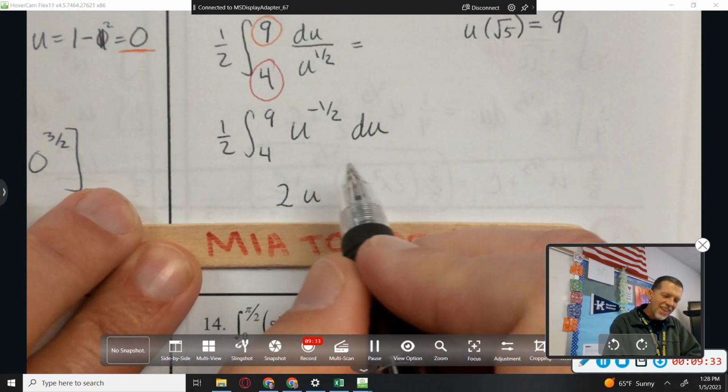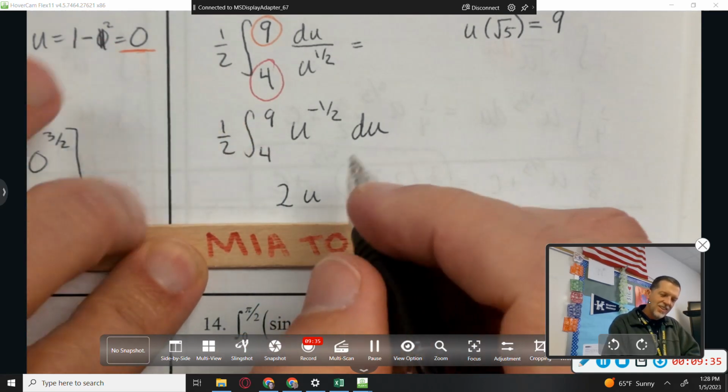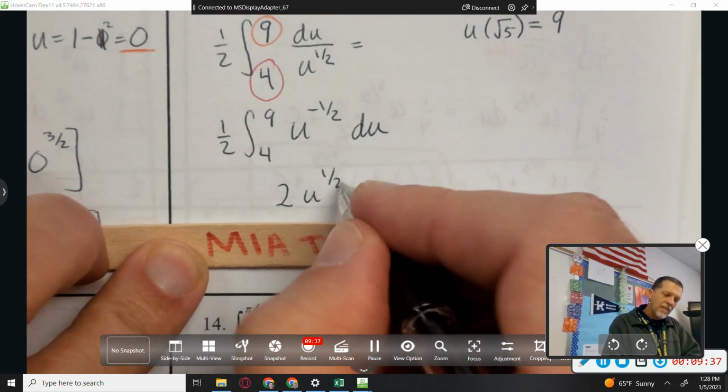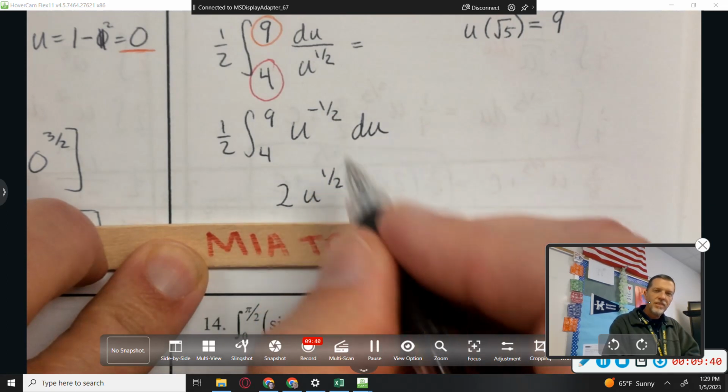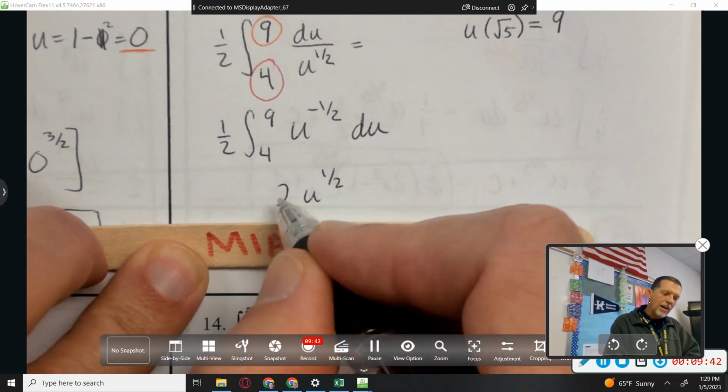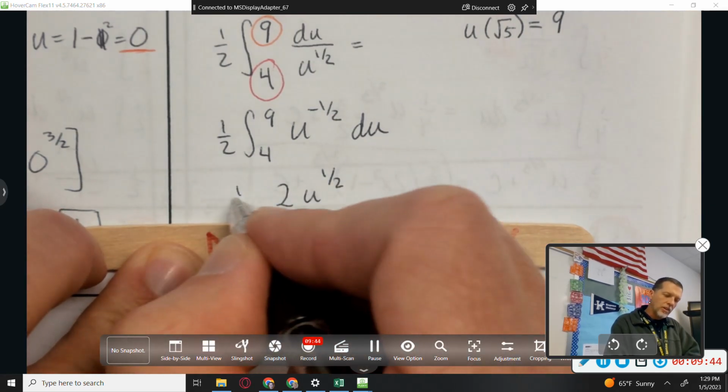You're on the right path here. Wouldn't it be 2 u to the half? Uh-huh. Increase the power by 1. That gets you to 1/2. Divide by 1/2, that's the 2. And then don't forget there's still a 1/2 out front.